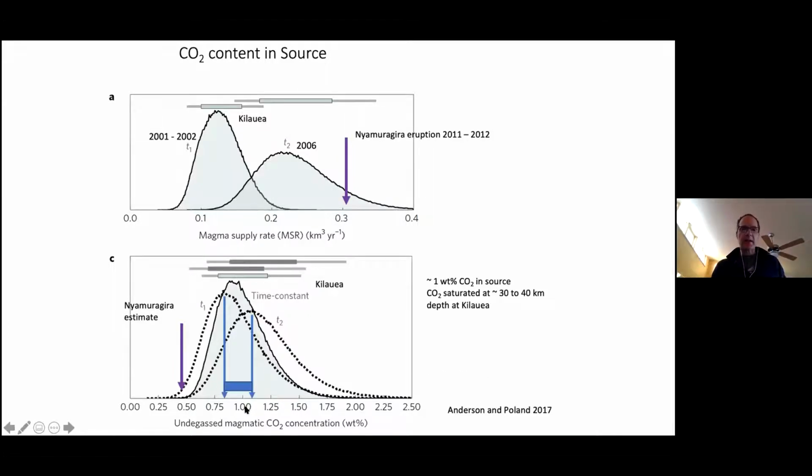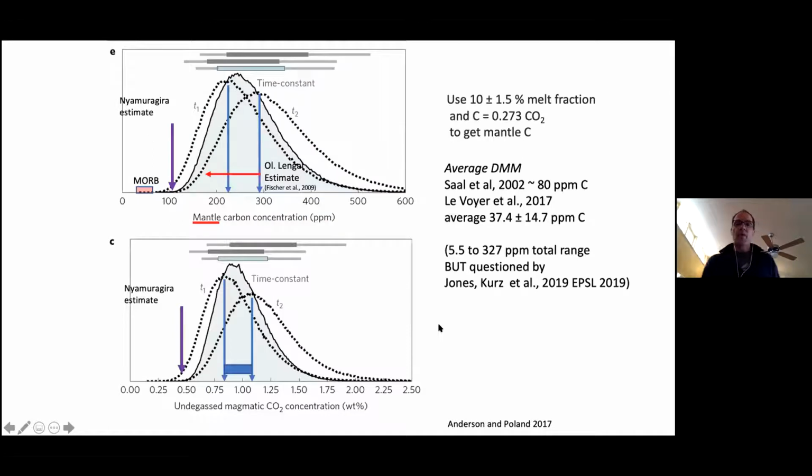For the undegassed magmatic CO2 content under Kilauea, they calculate about 1 weight%. And Nyiramuragira is over here. So Nyiramuragira is a bit lower, but you have about 1 weight% of CO2 in the source. And that means that the magma at Kilauea becomes saturated and degasses CO2 at about 30 to 40 kilometers, right? So that's the CO2 content in the magma.